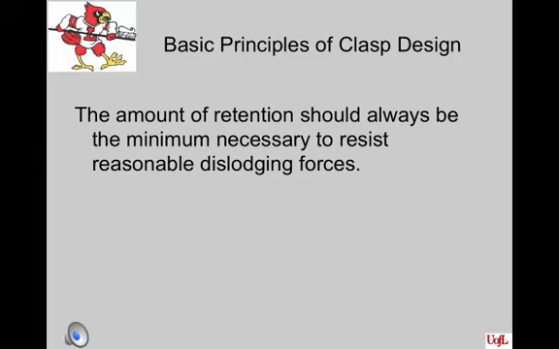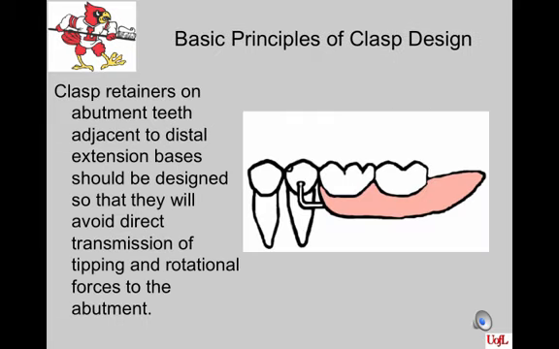The amount of retention should always be the minimum necessary to resist reasonable dislodging forces. Clasp retainers on the abutment teeth adjacent to the distal extension bases should be designed so that they avoid direct transmission of tipping and rotational forces to the abutment. We will discuss these design features when we talk about the Kennedy Class 1 and Class 2 rules of design.